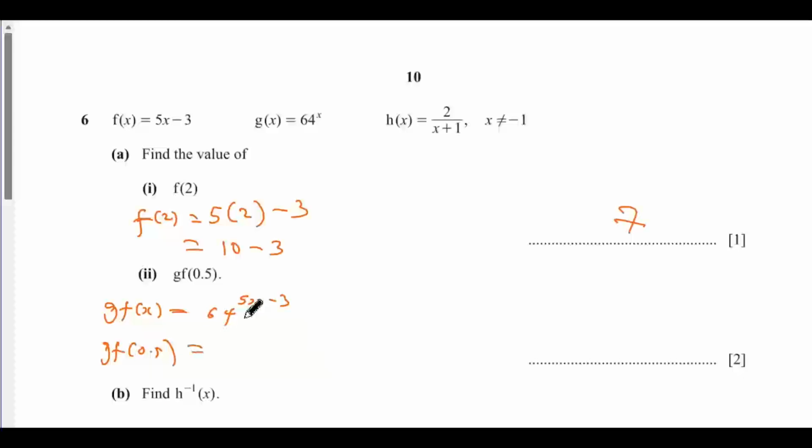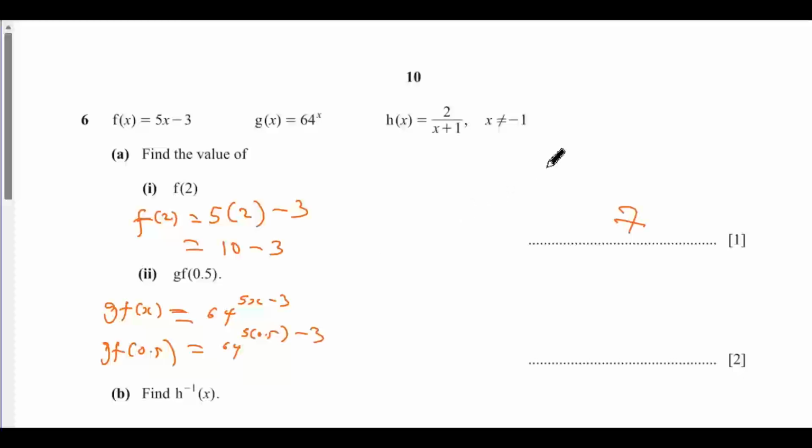This will be equal to 64 to the power of 5 into 0.5, minus 3. For those that may not understand how I got gf of x, you just pass f of x into g of x.